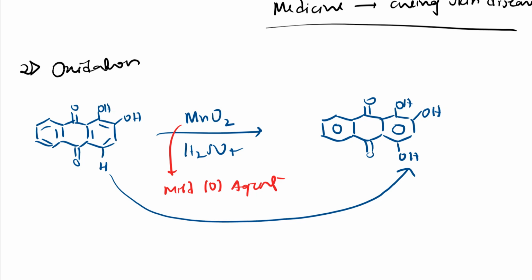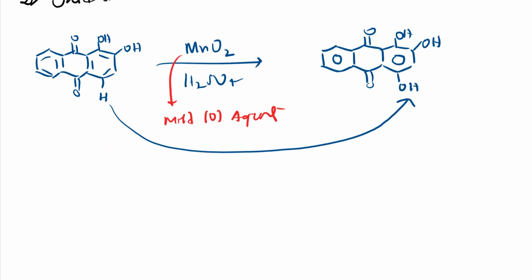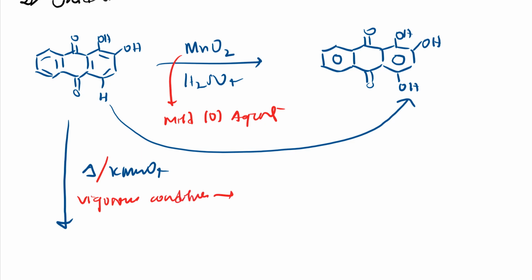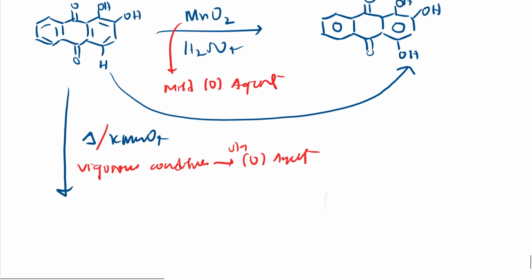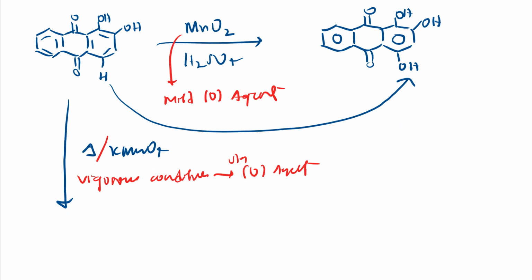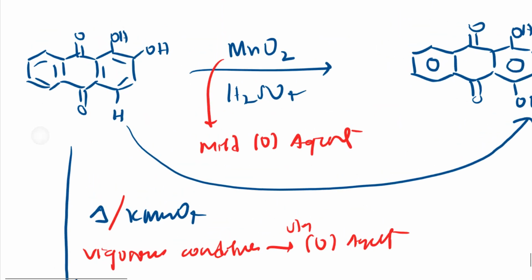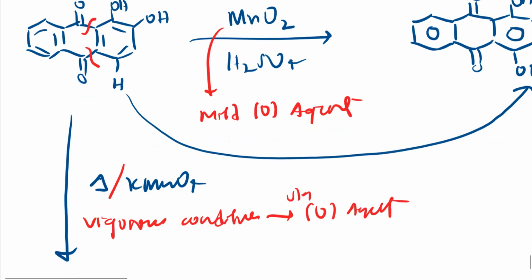So that was the mild oxidizing agent. If I use a vigorous condition like heating, and use this KMnO4 as a strong oxidizing agent, then what happens? See here, simply with the red marker I'm showing here. This bond will break like this. So what product will I get?